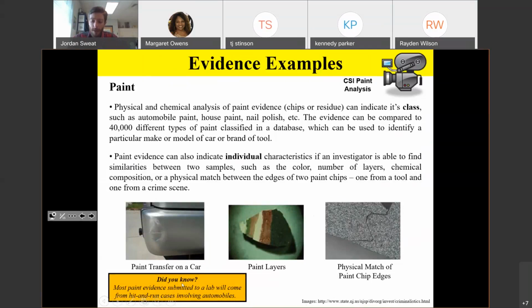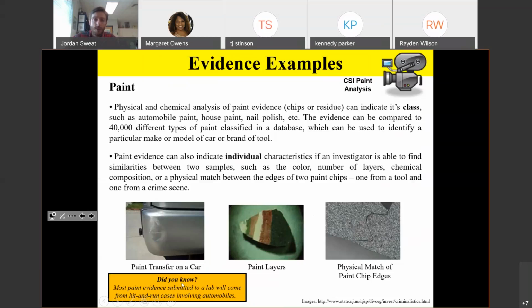So one of the things we identified with paint specifically was its class. So we're trying to identify the source of the paint. What was the object that was painted? Was it a car, a house, your fingernails, what have you? We also talked about individual characteristics, and those are the things that we can use to indicate things like class or perhaps the source of that painted object.